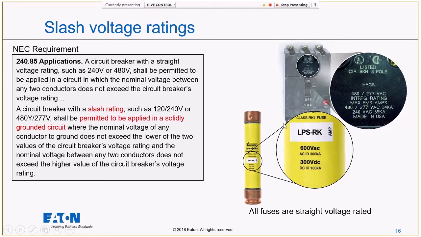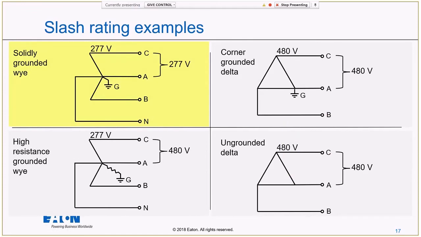My corner grounded delta, high resistance grounded Y, ungrounded delta, where I can see 480 volts on a single pole. Those are typically going to be in my industrial applications. So we just want to be careful. Look at that voltage rating: slash rated components in solidly grounded Y systems only.